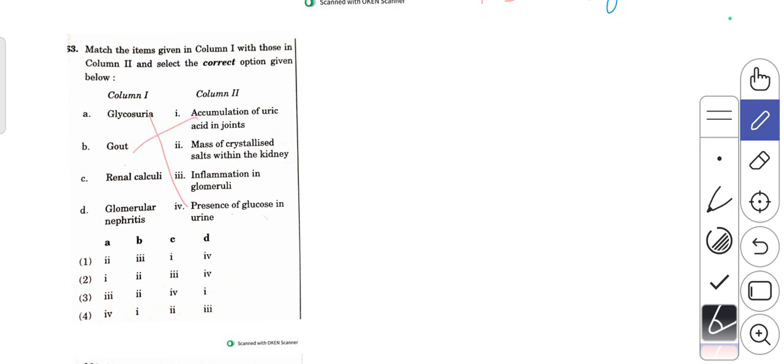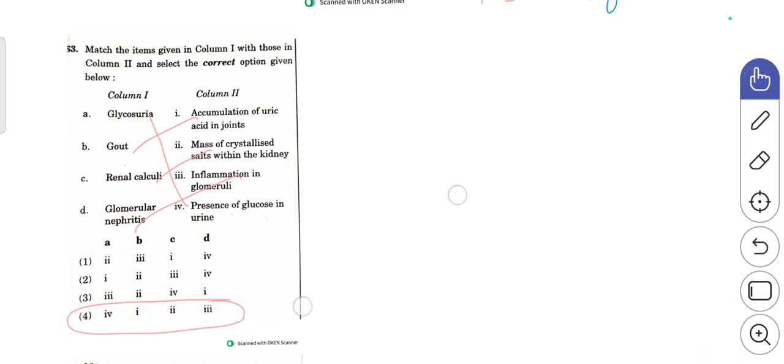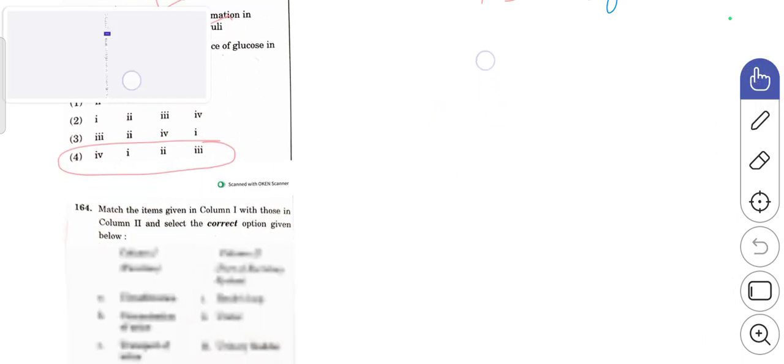Then renal calculi, where you will come across stones in the kidney, or you can call it a mass of crystallized salts within the kidney. Then glomerular nephritis, where you will come across inflammation in the glomeruli. So the correct answer for this one will be the fourth one. So we'll study the next one.